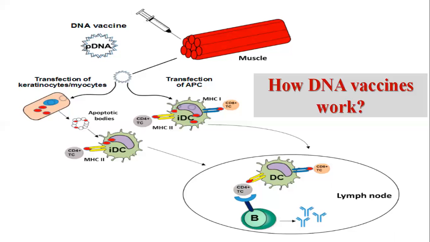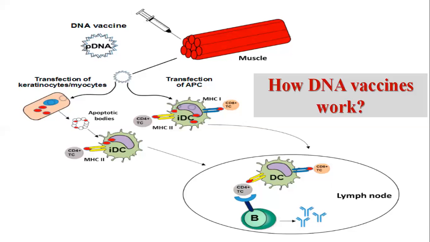So they transfect within the keratinocytes or the myocytes, and express the transgene and release the derived peptide or else the protein via exosomes or apoptotic bodies. So here you can see this DNA is transfected either in keratinocytes or else in myocytes, that means muscle cells. Now they will encode some proteins. This red one is the proteins, and the proteins are coming out in vesicles called exosomes or else in the form of apoptotic bodies.